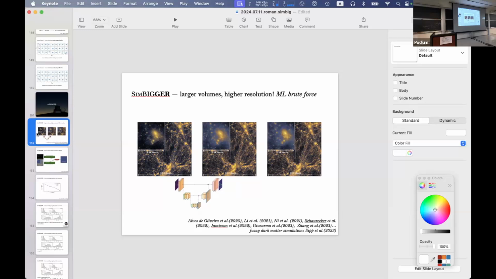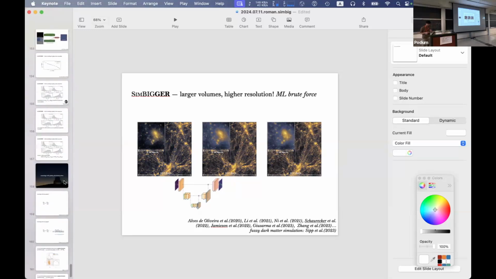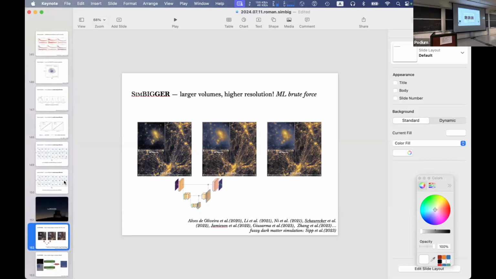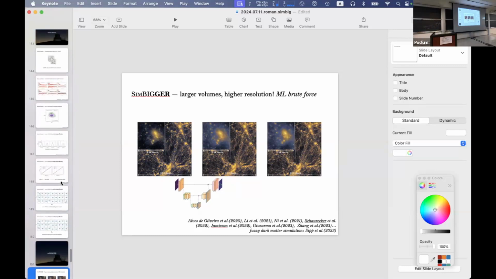My question is sort of related to Eric's, in that something I like about the traditional summary statistics straight-up comparison is when the parameter constraints give you something surprising, right? When you find w is minus 1.2 or the neutrino mass is negative or something.